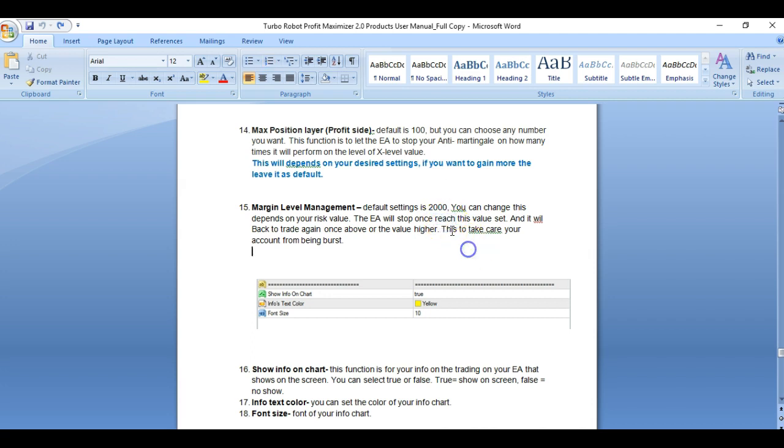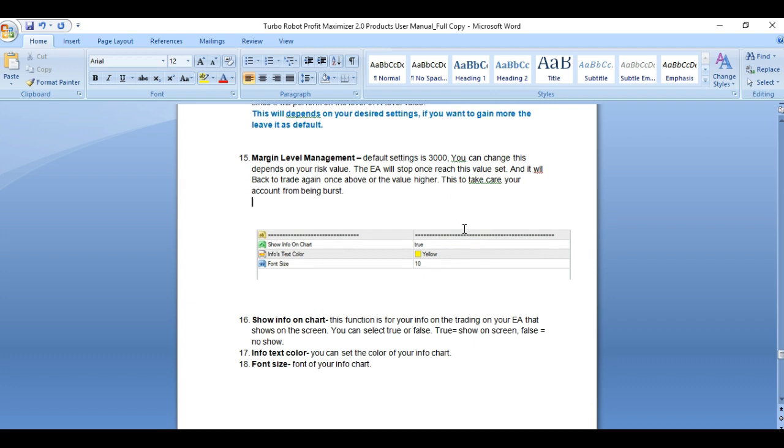If it is more than 2000%, the EA will still function. Or let's say you are putting maybe 3000%, it depends on you. That is your calculation. This is the risk that you have to go through.